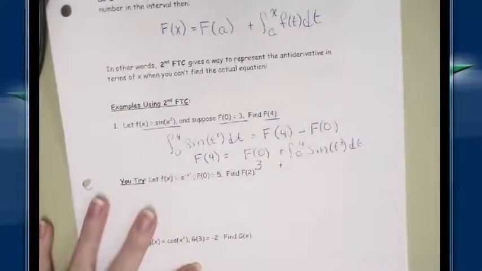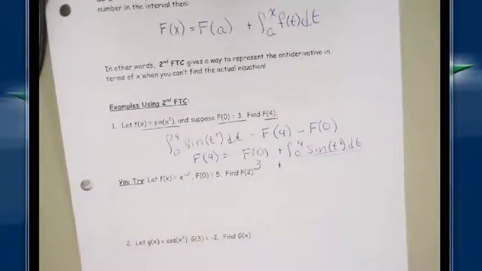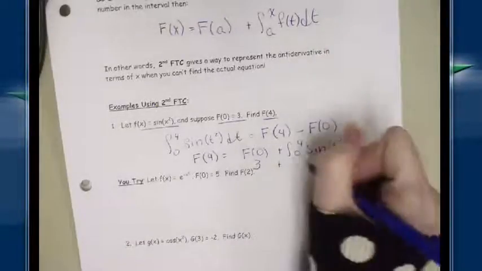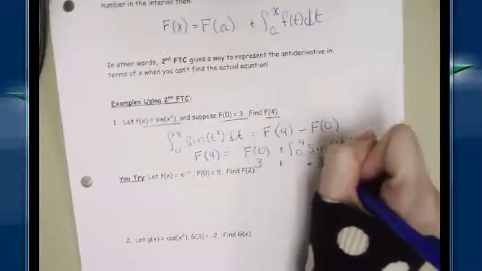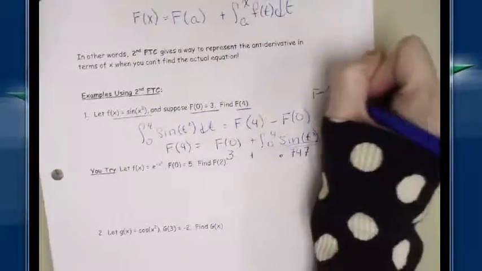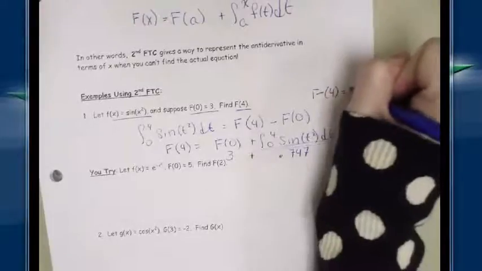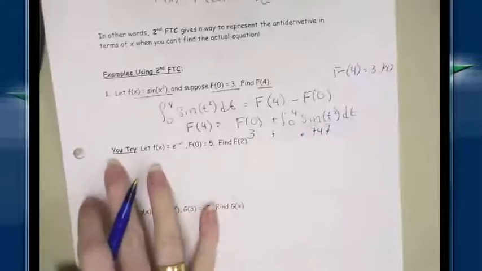At this point we're still learning skills, so we'll put that in the calculator. Plug that into the integral button, and you will get 0.747. So F of 4 equals 3.747. Okay?